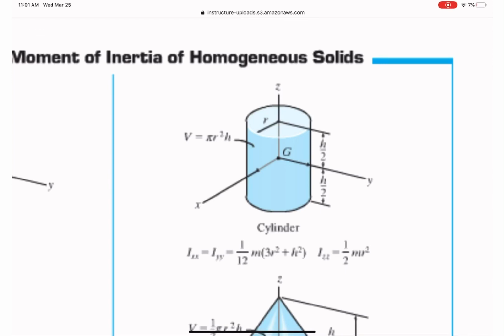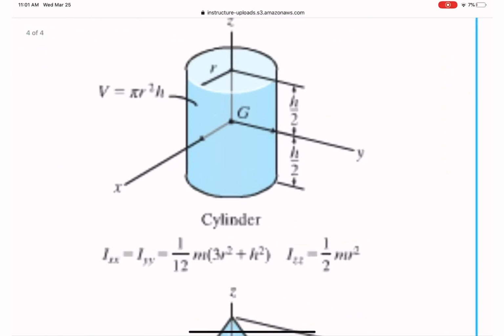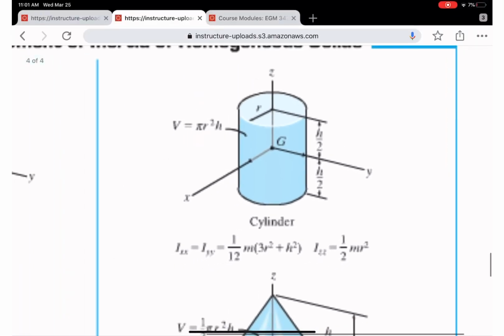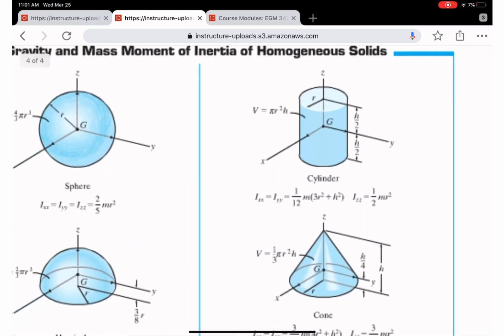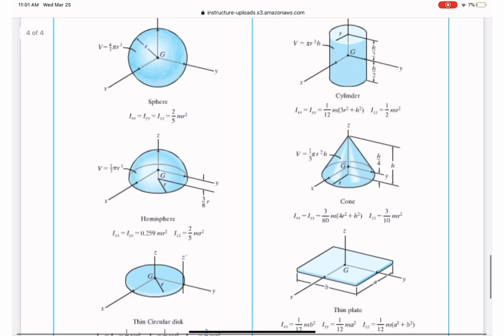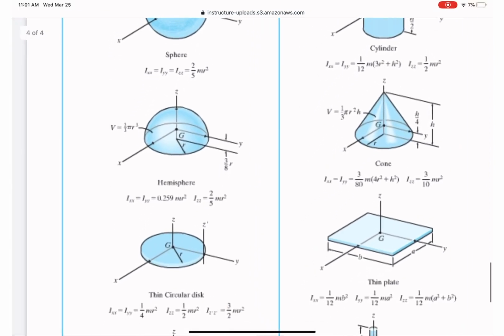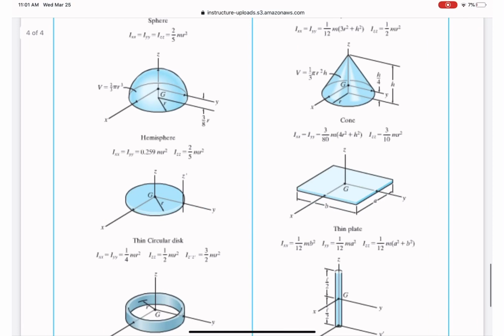For example, for the cylinder, about the x axis, the vertical axis through the center of the section, it equals 1/2 m r squared. But for Ix or Iy, the parallel axis going through the center G, the horizontal axis, it will be 1/12 m times 3r squared plus l squared. So as you can see, different shapes have different mass moments of inertia, and it also depends on the axis we are talking about.